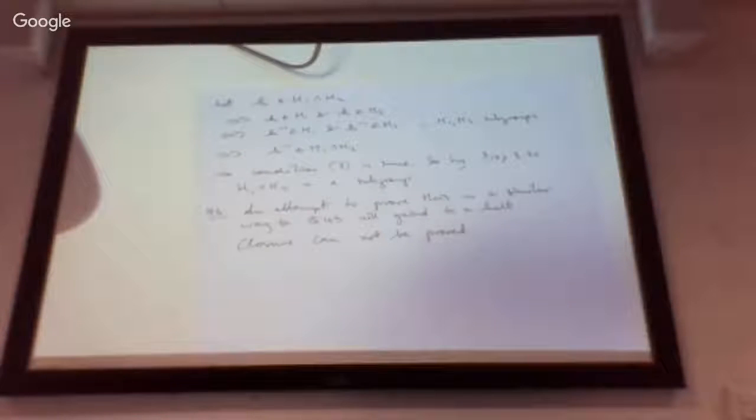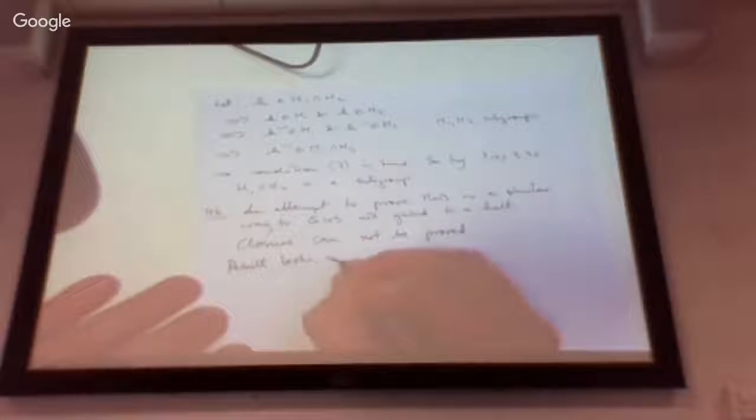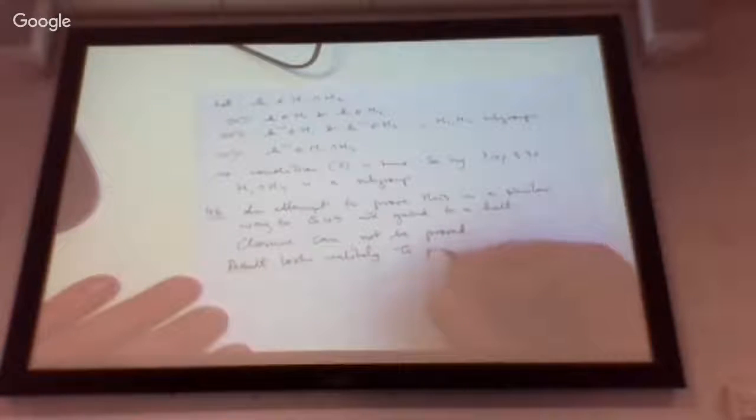Of course, that doesn't prove that it's not true. The result looks unlikely, but to prove it's false, we need a contradiction. A counterexample.